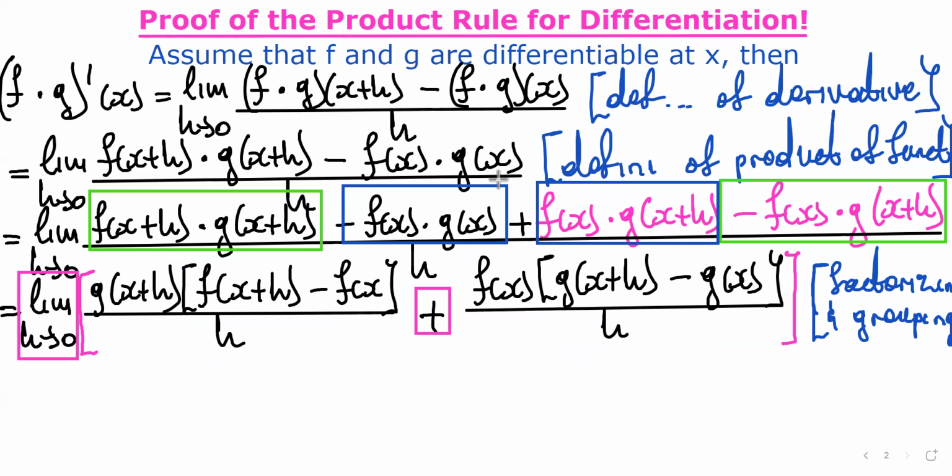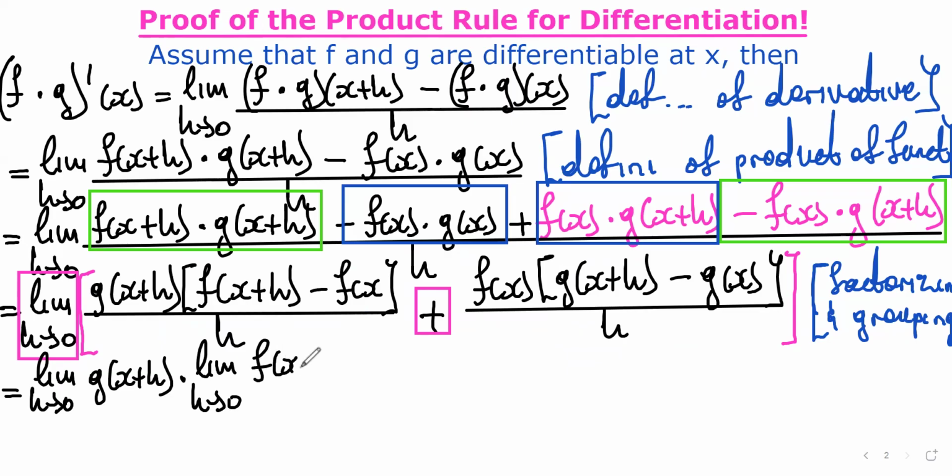So it means in just a single step, I'm going to apply two limit laws. Okay? Now this is what I'm going to say. I say it's the limit as h approaches 0 of g of x plus h multiplied by the limit as h approaches 0 of f of x plus h minus f of x, and then I say this entire thing is just going to be divided by h.